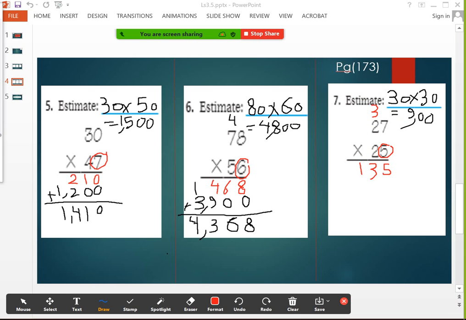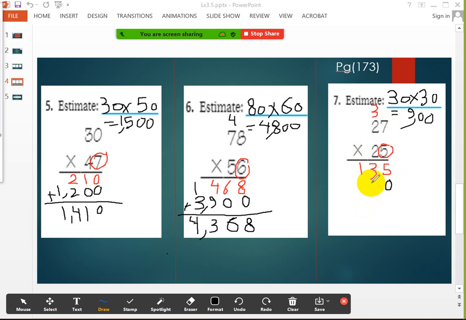Thank you, my dear. Okay, the last step, I will solve it for you because we only have 1 minute in our session. So I want to multiply 2 with 27. I have 2 in the tens digit, so I will put 0 in the ones digit. Then I will start my multiplication. 2 multiply 7 equals 14.